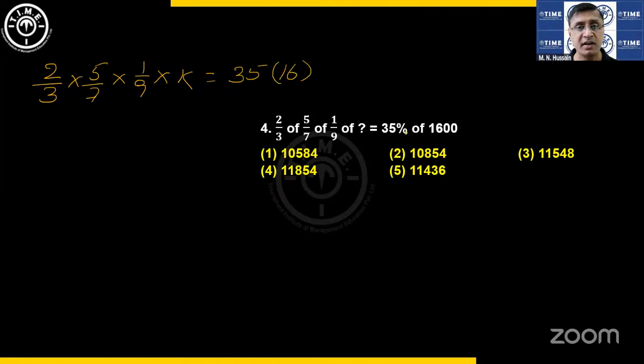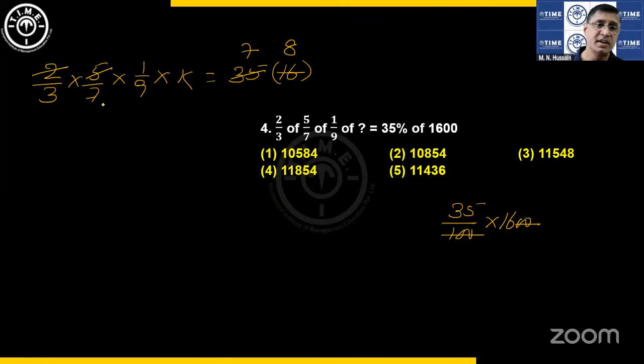What am I doing here? 35% means 35/100 into 1600. So I am ignoring the percentage and zeros, simplifying these two. On solving this, what is the cancellation? 5 in 35 goes exactly 7 times. 2 in 16 goes 8 times.